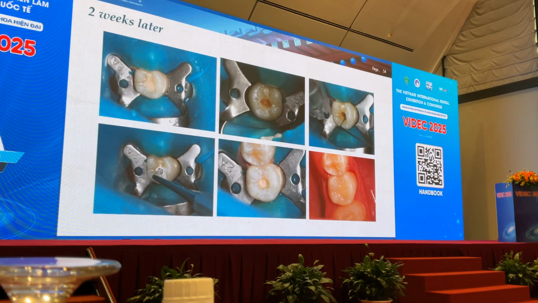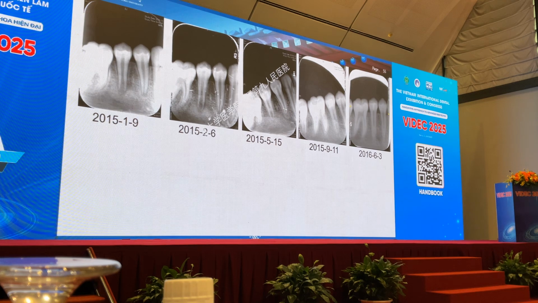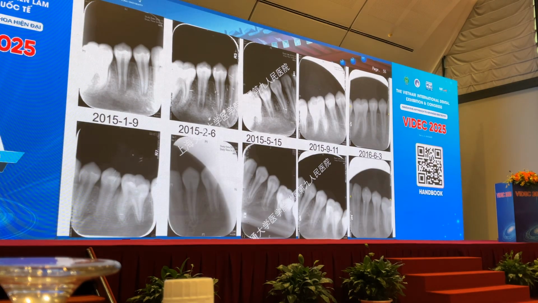Then we do the follow-up. The tooth was followed up for almost, I can say, 70 months. For 70 months, the tooth was asymptomatic, and the roots continued to develop. And this is the same tooth, and this is the same tooth on the contralateral.